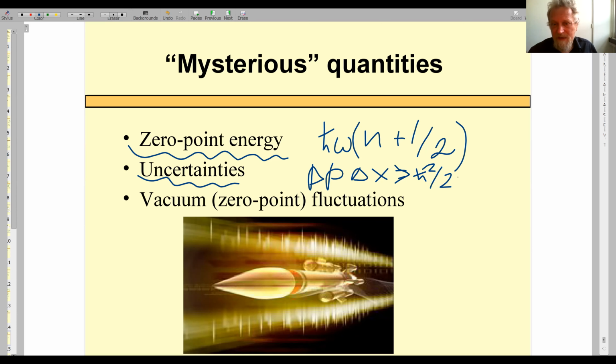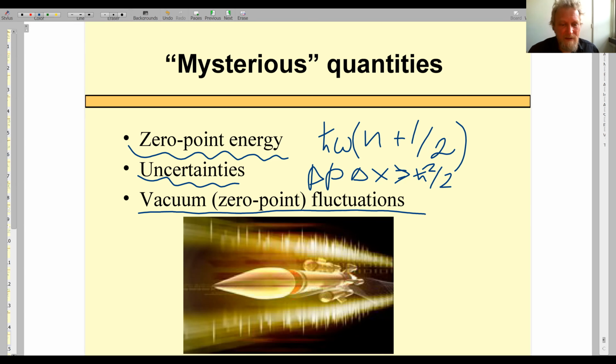So there have to be similar uncertainties in the field. And I will talk about the fluctuations of the field in the vacuum state, zero-point fluctuations. So in the ground state, in vacuum, there are still fluctuations of the electric and magnetic field, or any field.